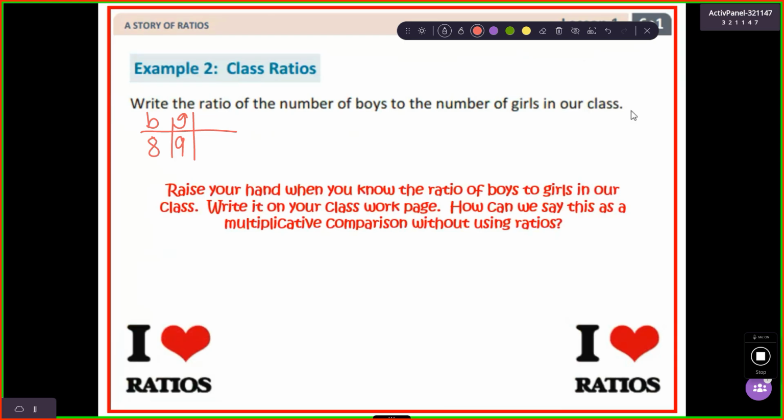Why did I put boys first? Because that's what it said. It says boys to what? That's part to part. But we still need to know about our whole. What's our whole? 17. We got 17 people in this classroom right now.